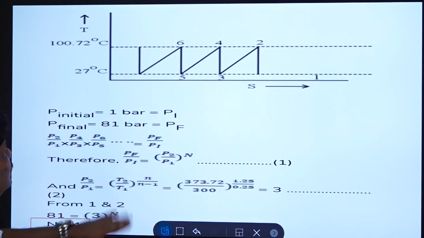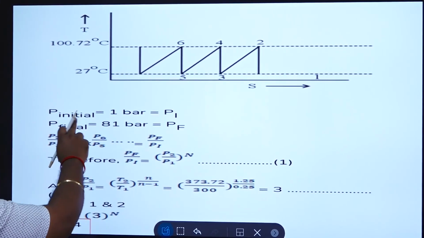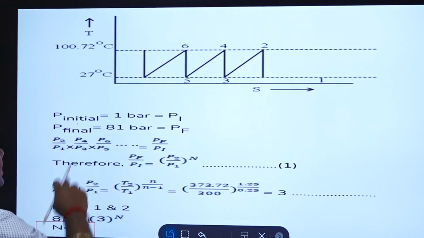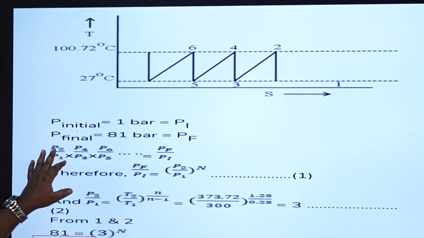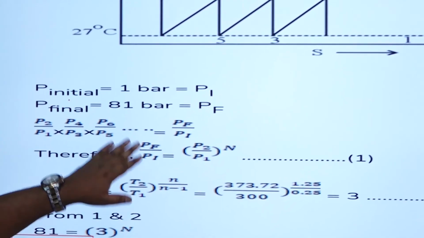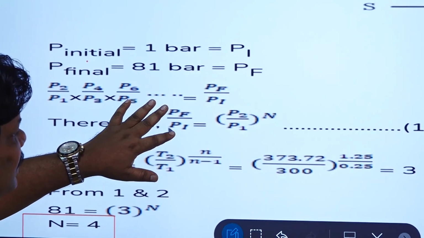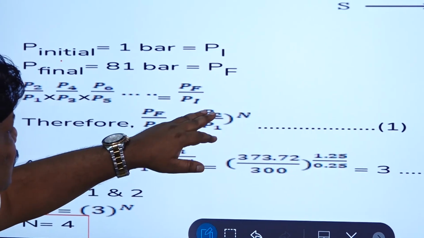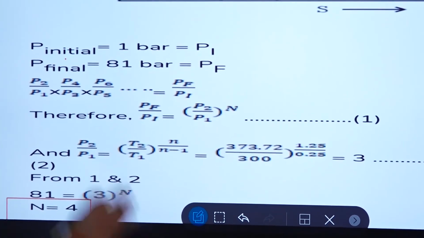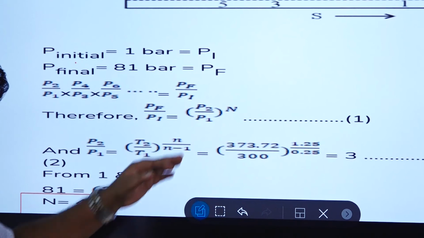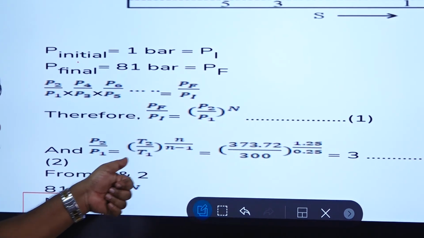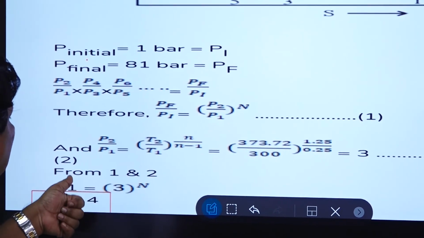So you can see that the initial pressure is given and the final pressure is given. This is the formula we have seen, that is, P(x+1)/Px to the power n. Using that formula, you substitute the values and find.